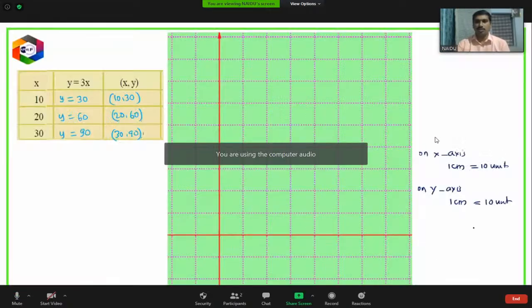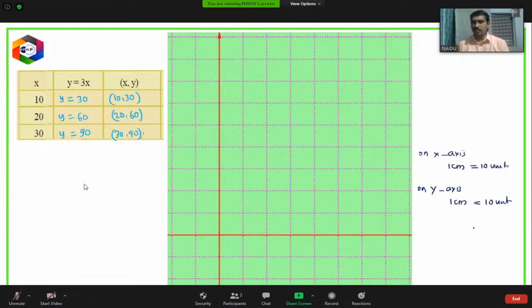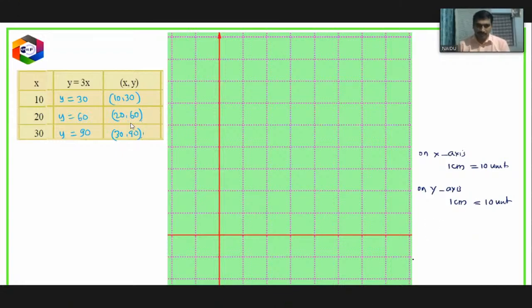Is the graph visible to you? Yes. So on x-axis 1 centimeter is equal to 10 units, and on y-axis 1 centimeter equal to 10 units. Now this I am going to write.